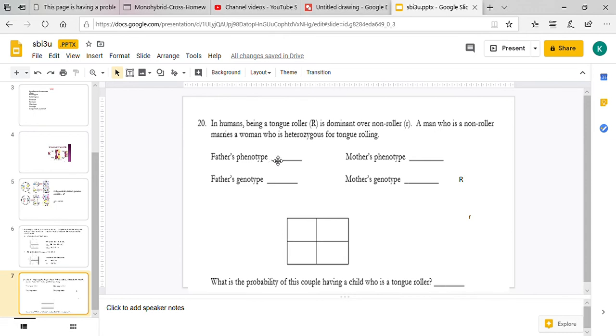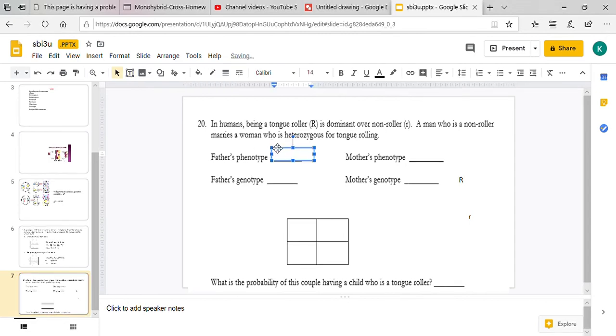So the father's phenotype is he is a non-roller, and his genotype is tricky because it's a dominant gene that causes one to be a roller.